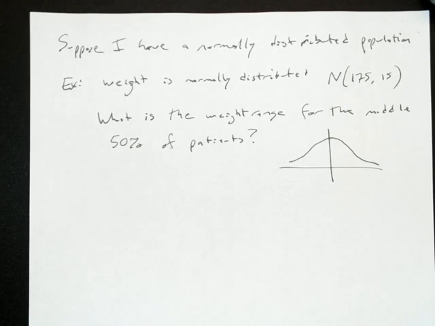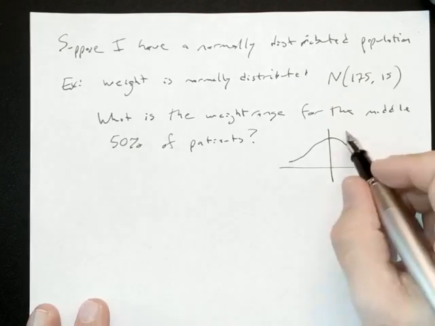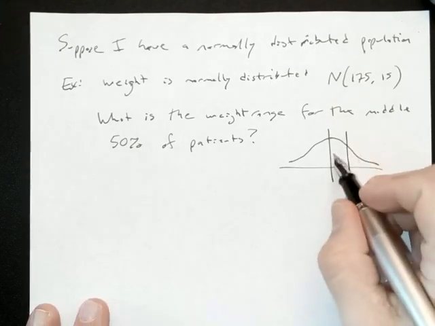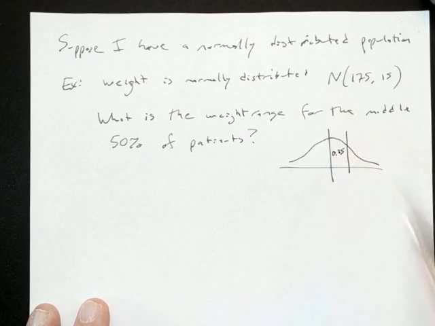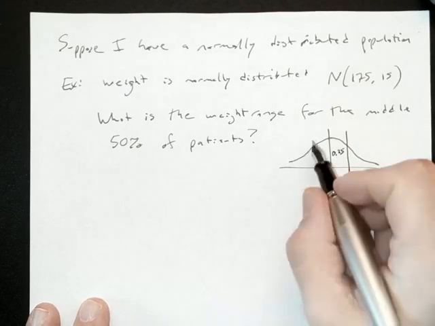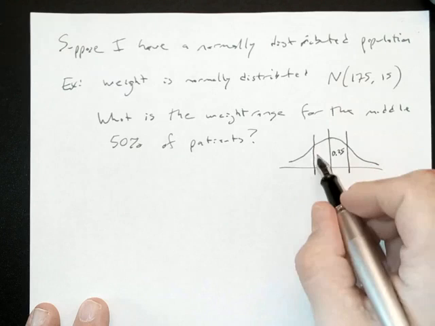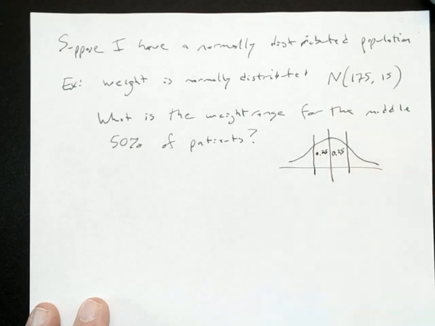Aha, but 25% of the area, right? And given that this area is small on the right and small on the left and big in the middle, I would expect a number to be closer to the middle rather than further away, to be 25%. So I could say, hey, wait a minute, what I really want is this area to be 0.25. And I want this area over here to be 0.25.